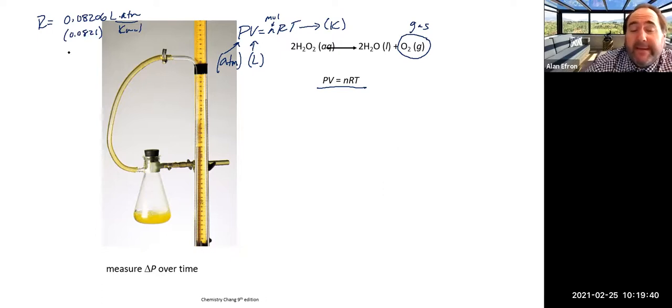So if we take the ideal gas law and solve it for N divided by V, you divide V to the right-hand side and divide RT to the left-hand side, and you end up with P over RT. Why is that important?